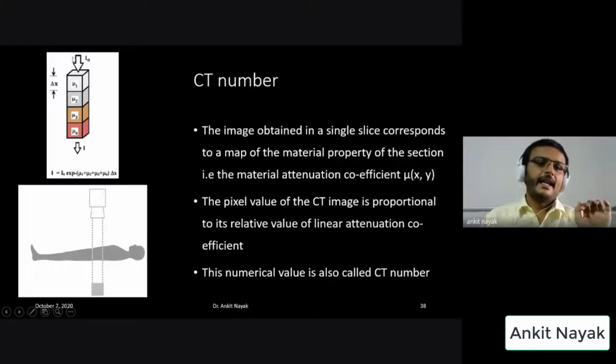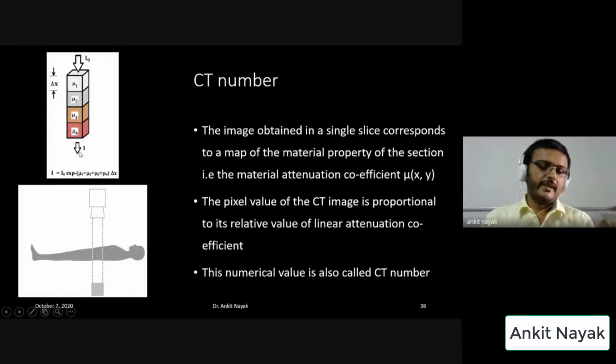Here is the intensity of the X-ray which you are projecting on that stack of 4 objects, and the output intensity of the X-ray we can denote as I. Delta X is the thickness of the bodies, and that thickness is the same, but they have different X-ray attenuation coefficients.